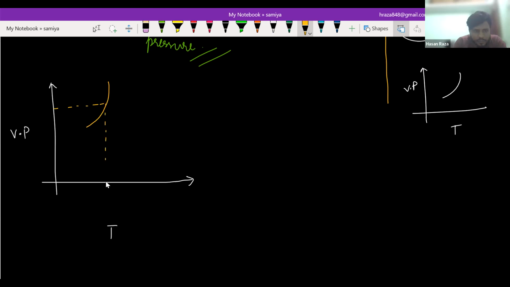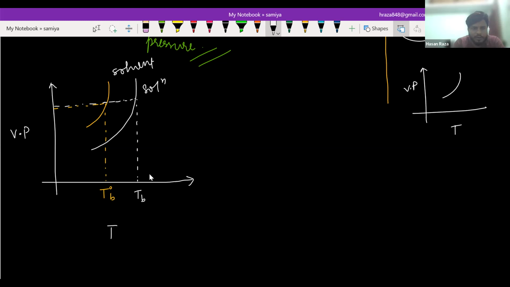This is for solvent, and T naught B represents the boiling point of the pure solvent. When we talk about solution, the solution will have a higher boiling point, so it will be TB. This is the boiling point of solution. You can see this TB is the boiling point of the solution, which is more than the boiling point of pure solvent.